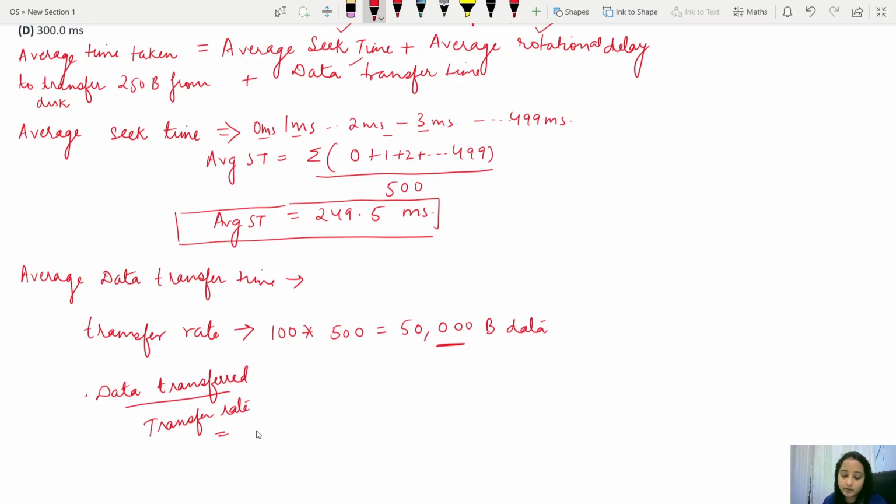How much data is transferred? 0.1 into 250, and the transfer rate we have found is 50,000, and when you calculate it, it comes out to be 0.5 milliseconds. So this we have found. And what else do we have to find?